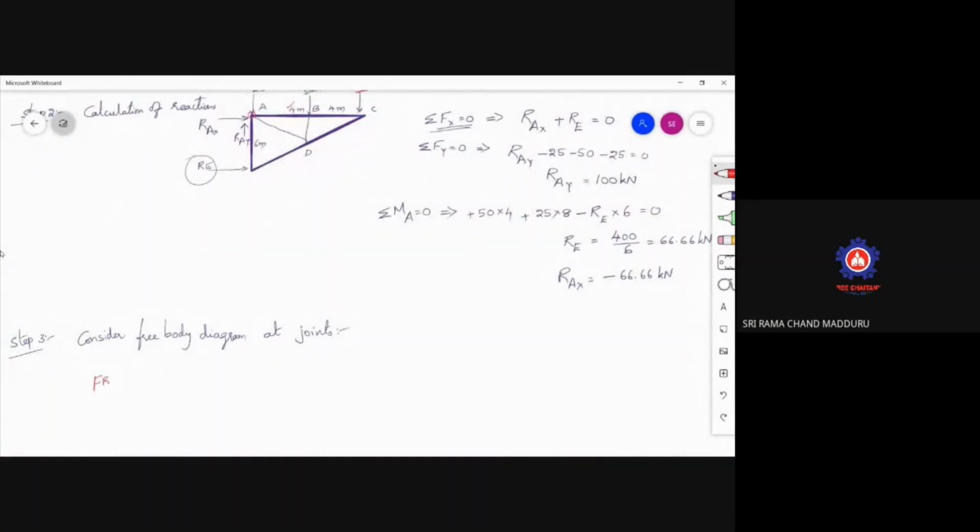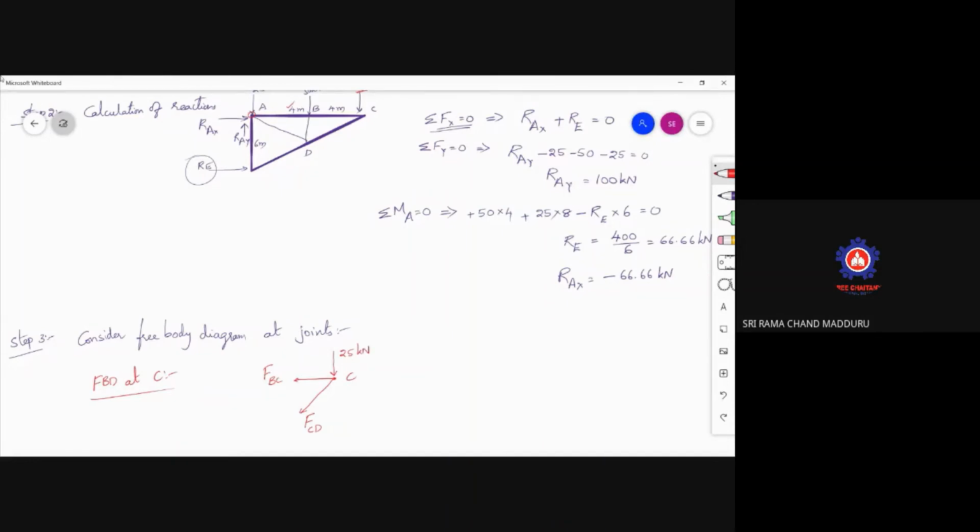So just go to the free body diagram at C. If you draw the free body diagram at C, what does it mean? Represent the members with forces. This force is nothing but the force in BC. This is your C, whereas this is the force in CD. And here a load is acting which is 25 kilonewtons.